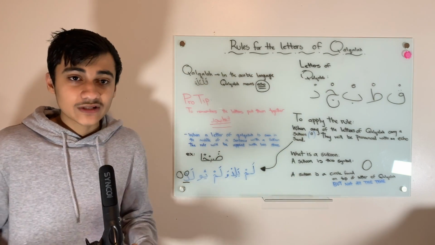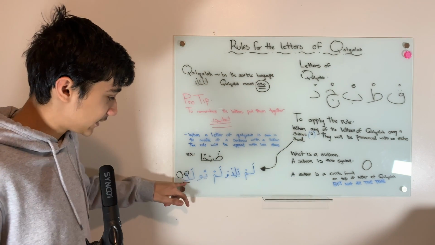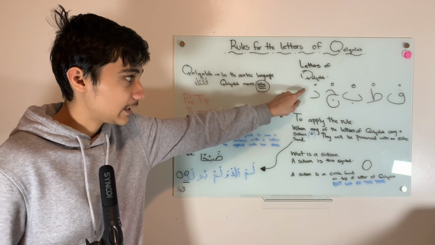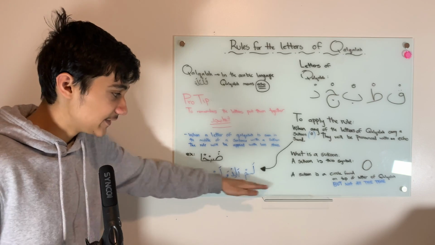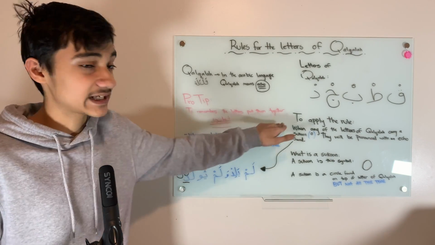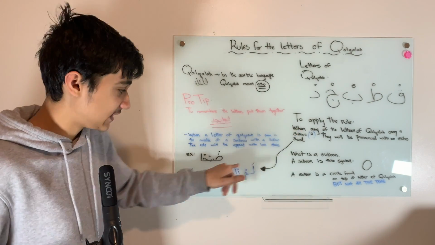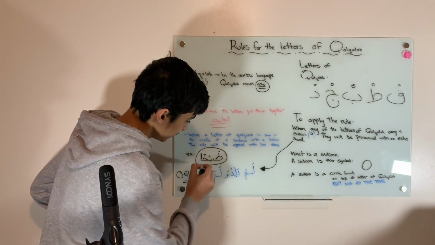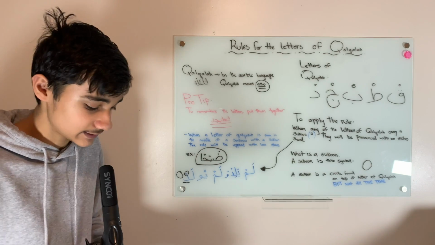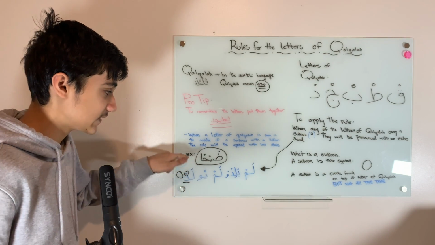You won't always find the letter of Qalqalah and the sukoon at the ending of a sentence. This was an example of it at the ending of a sentence, but in this case over here, it is not at the ending of a sentence. It is in the middle of a sentence.